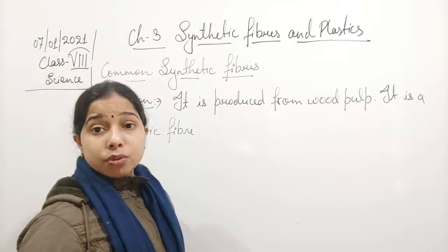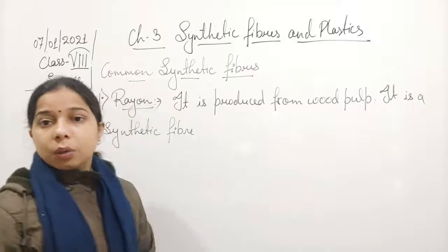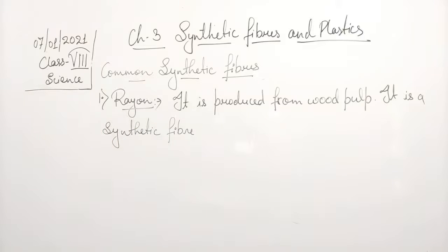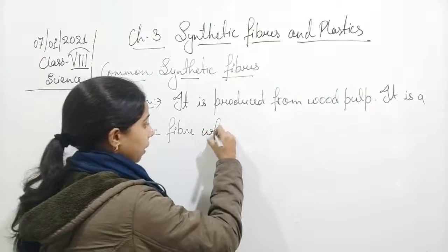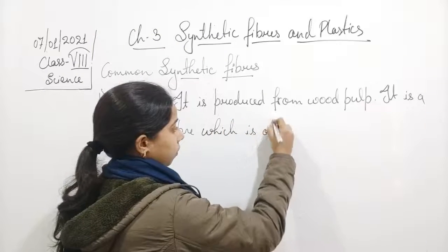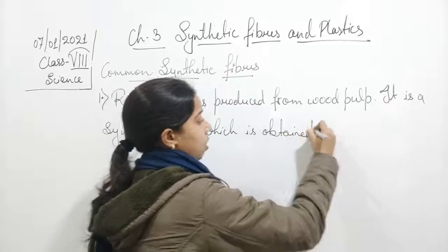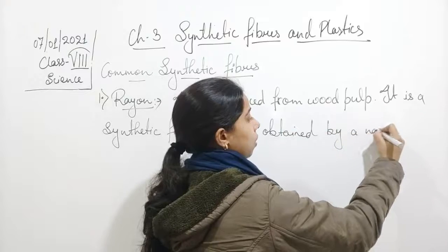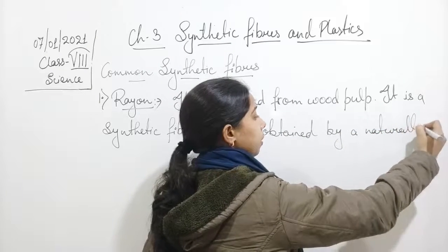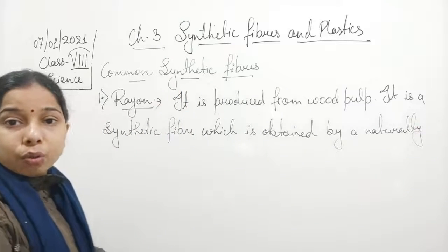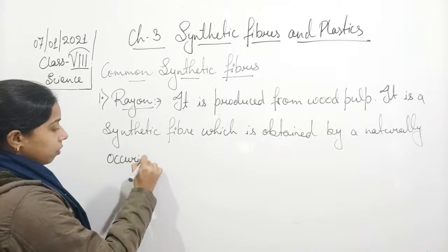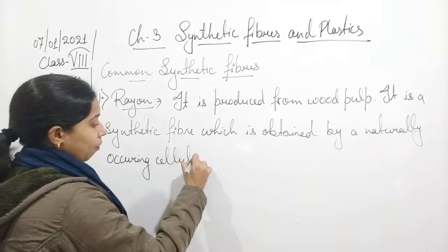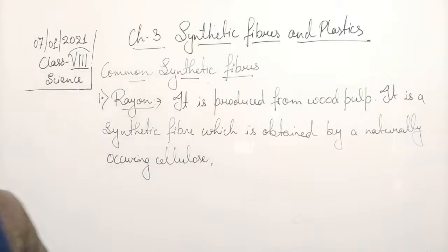It means it undergoes chemical treatment. So we can write: it is a synthetic fiber which is obtained from naturally occurring cellulose.